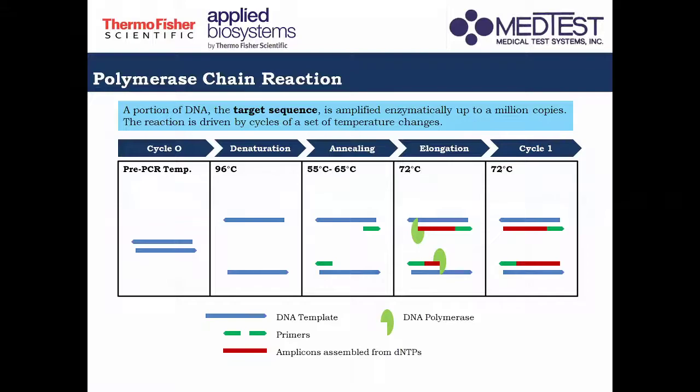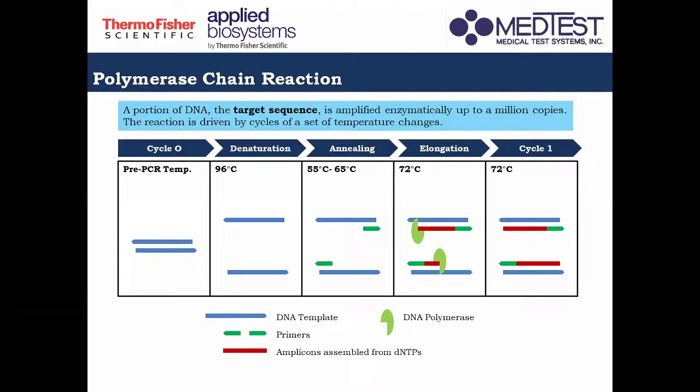So I will proceed with how does the polymerase chain reaction works. So in a polymerase chain reaction, a portion of the DNA, so in this case, from viral RNA, we have the viral DNA na on. So from the DNA, a target sequence is being amplified enzymatically up to 1,000,000 copies.